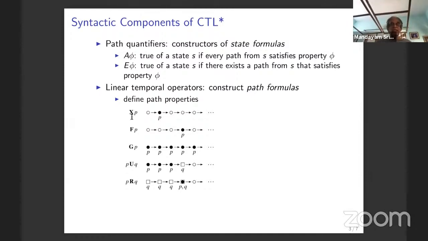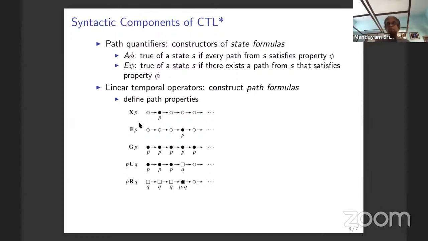So there's an operator called X, which is called the next time operator. If P is some path formula, XP is a path formula. X, F, and these other operators all construct path formulas, and they are meant to be true or false of a path, okay?